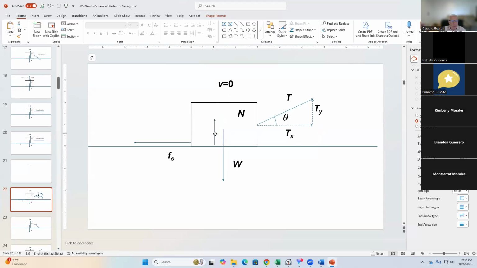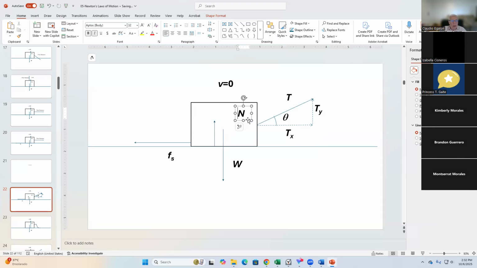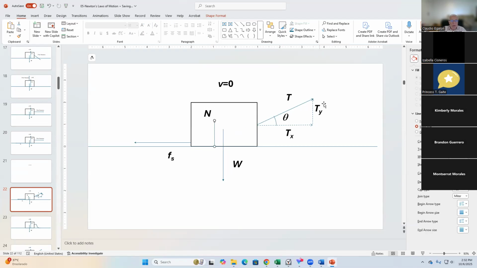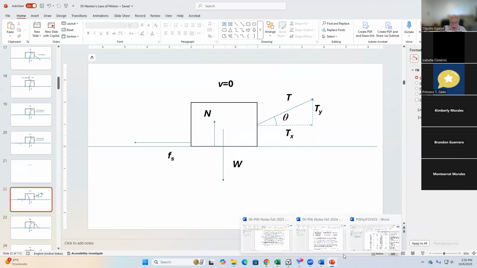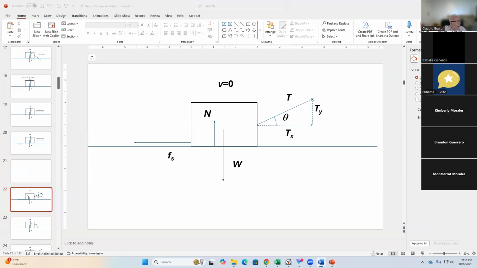Okay, here you go. This length plus this length here must be equal to this length here. And that's one of the first laws of physics, Newton's first law of motion.